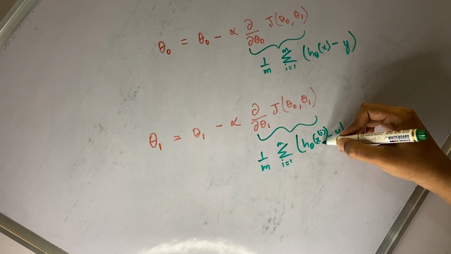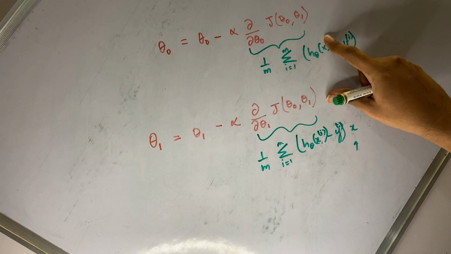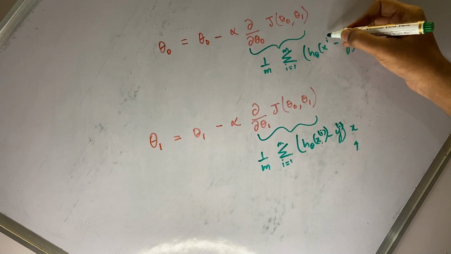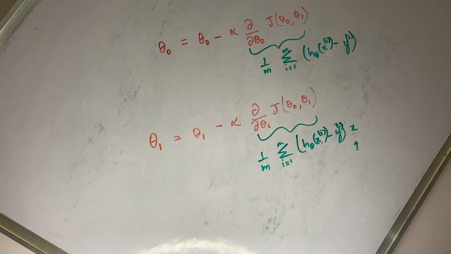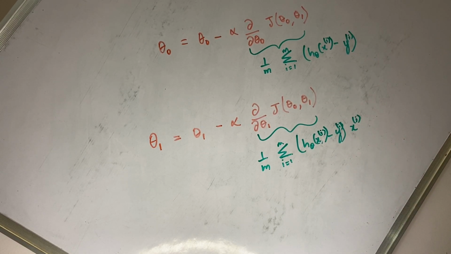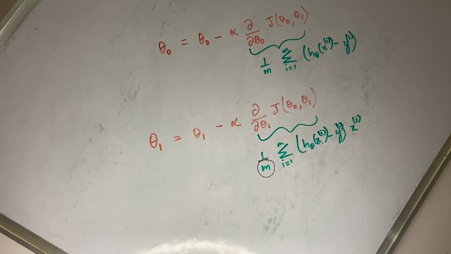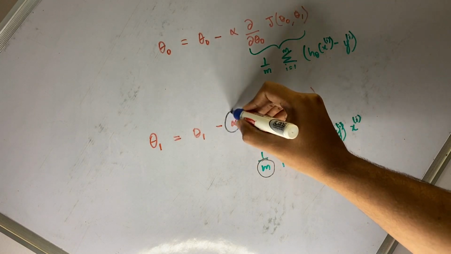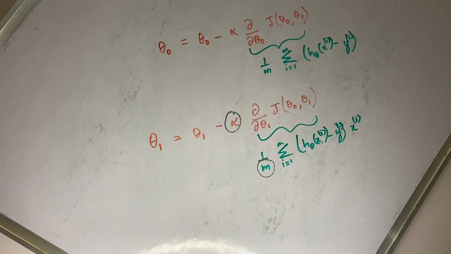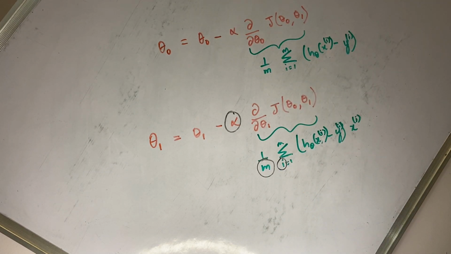So let's have a superscript i that will represent for which training example we are computing this cost, and x of i. So to summarize, m will be the size of the training set, the number of sample data that we have, and alpha will be our learning rate or step size. i here will denote which training example we are pointing to, or the index.